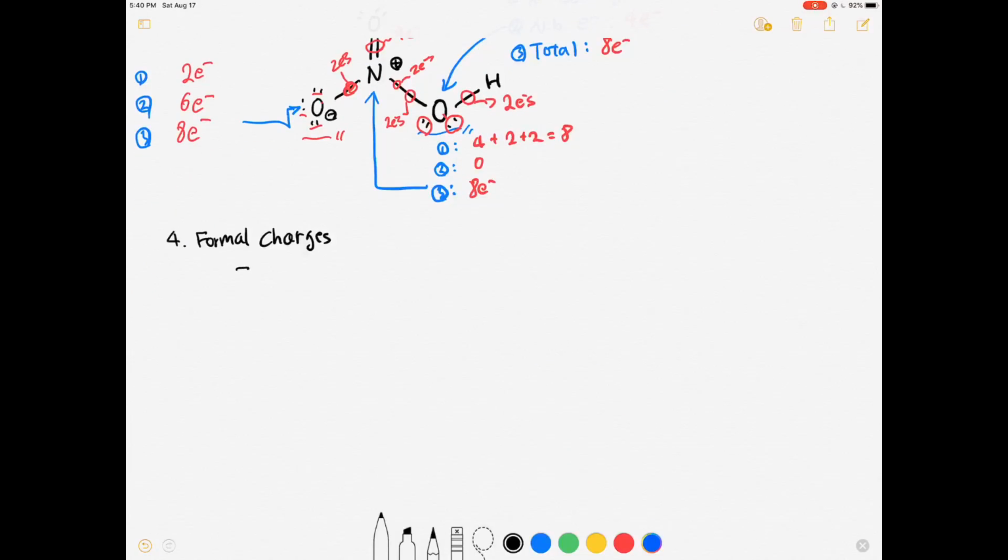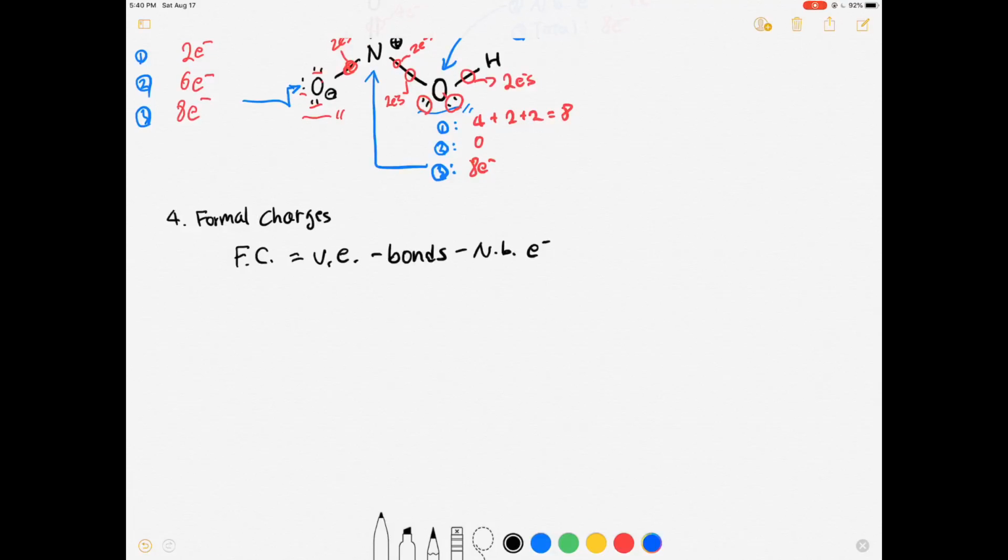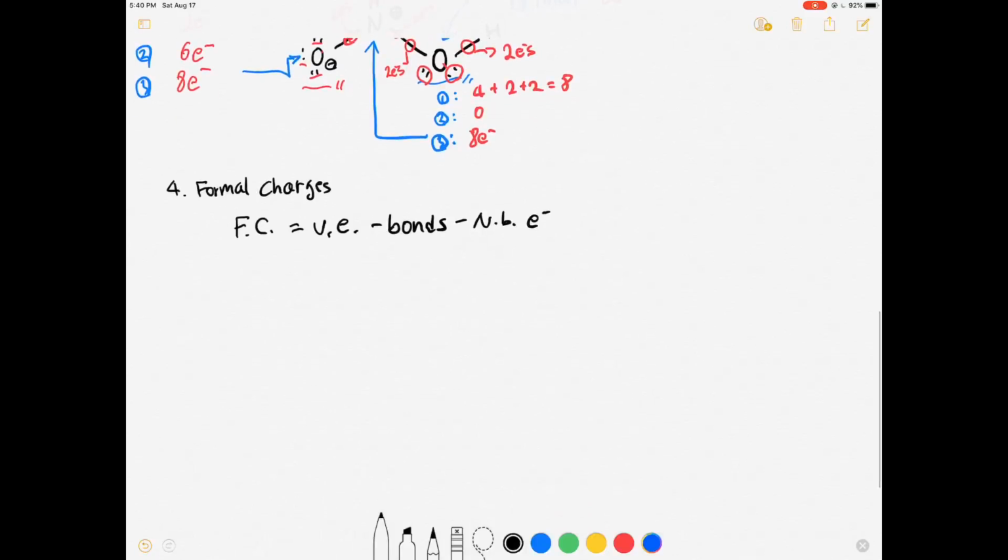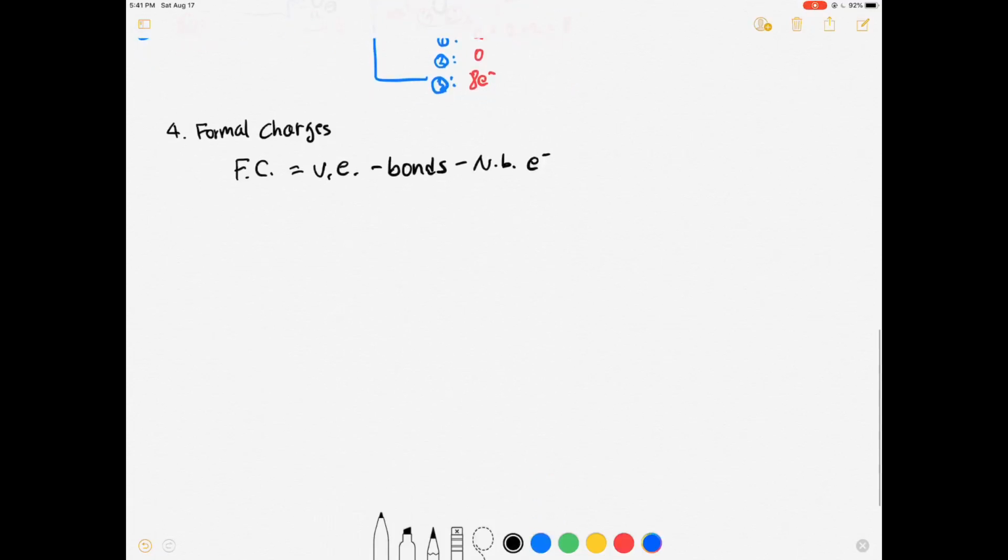I'm just writing Fc for formal charge equals valence electrons minus number of bonds minus non-bonding electrons. So yeah, simple. It's number of valence electrons minus number of bonds minus non-bonding electrons. We can do this. All right, so let's try one example with it.